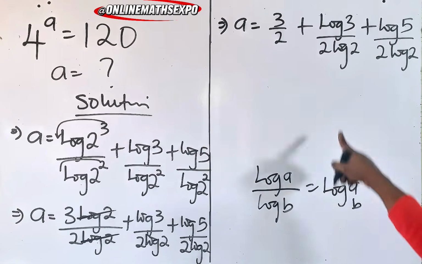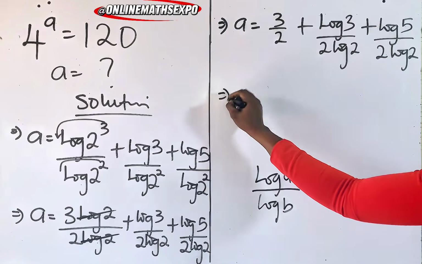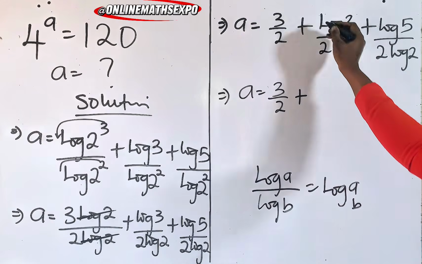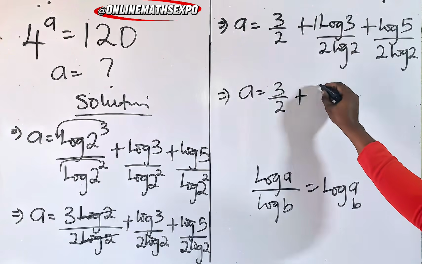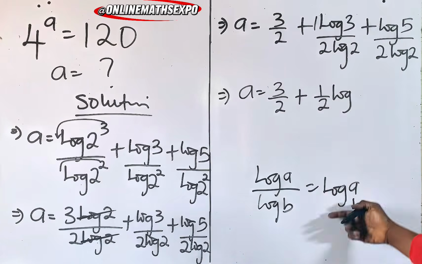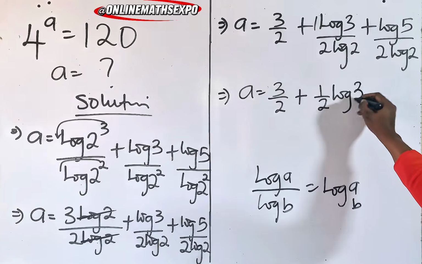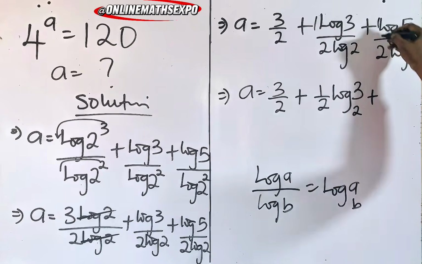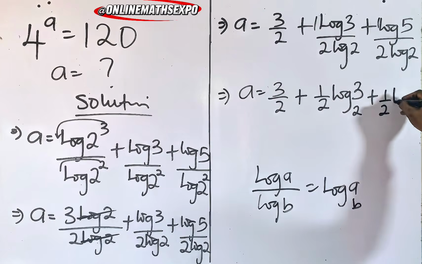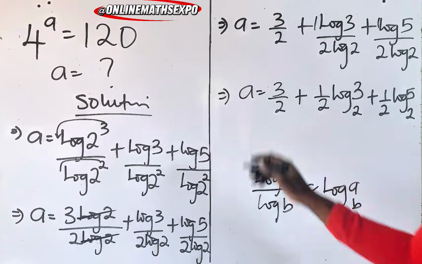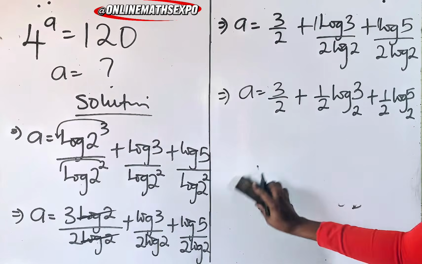So if you apply this here, it gives us A is 3 halves plus, remember the quotient here is 1, so it's going to be 1/2 of log 3, apply this rule. So it gives us log 3 base 2, then plus, this is 1, so we have 1/2 log 5 base 2. And this gives us the value of A.